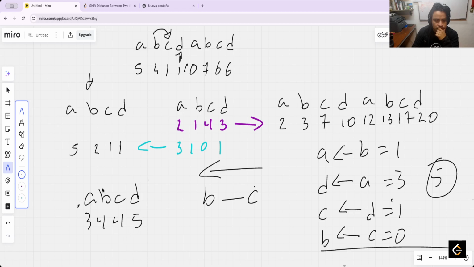If I want to move this to this, the cost is 4, but no.